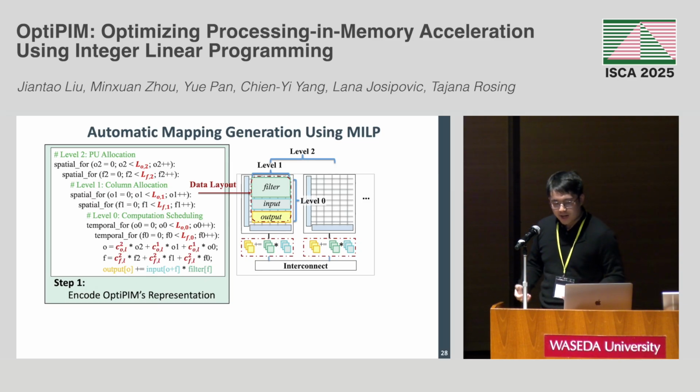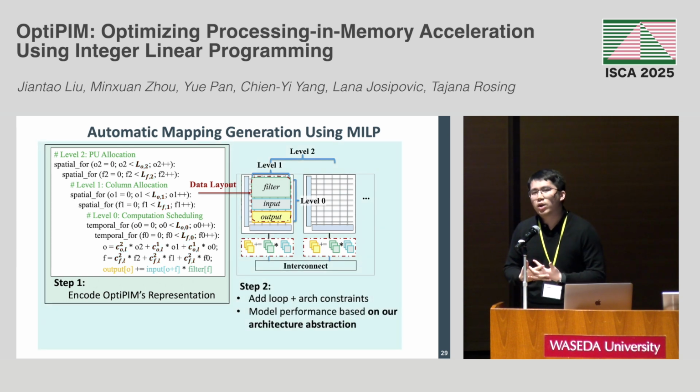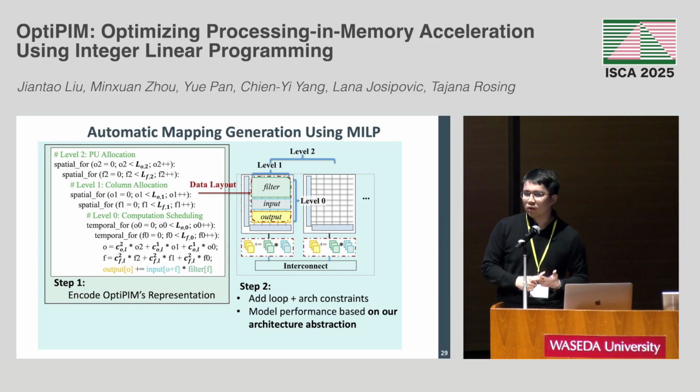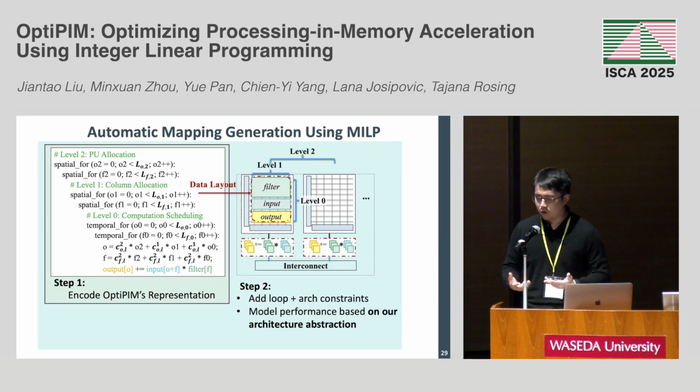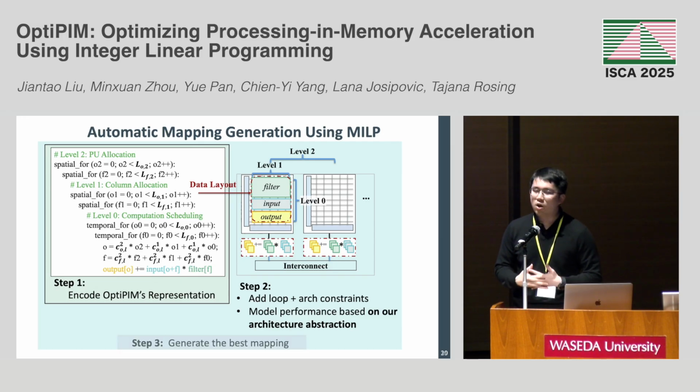And after we have variables to represent both types of information, we also need a bunch of constraints to ensure two things. First, we have a valid loop transformation. We're not doing something wrong. And second, the resulting mapping can actually fit inside the targeting PIM architecture. And with all those variables and constraints we define, we will be able to model the architecture-specific cost or performance, which will serve as our final cost function to generate the best mapping.